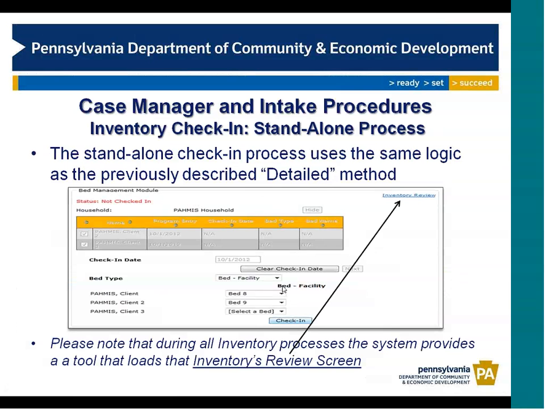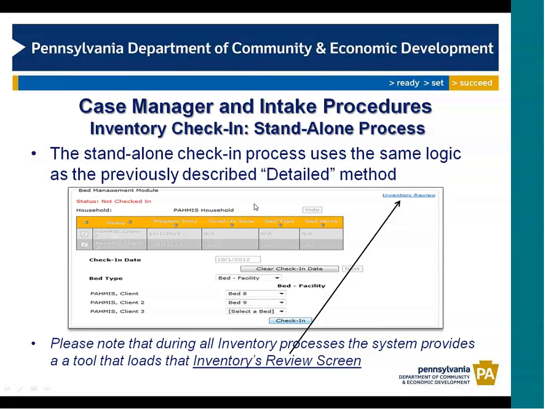Basically, it's going to ask you for a date. When you continue on, it'll ask you for a bed type, and then depending on the bed type, the system will dynamically build the screen depending on the number of clients included. I'm not going to go over the whole thing. It's exactly the same as the enrollment process. But here's just a notice: the inventory review screen. We have links, and not only can you get to that from your start page, but whenever you're doing an inventory process or possibly could do one, whether it's a program enrollment, program exit, or standalone, we always allow this inventory review screen to be here.